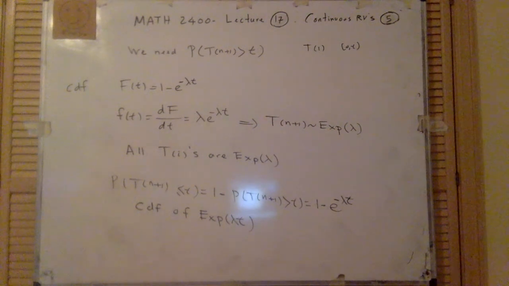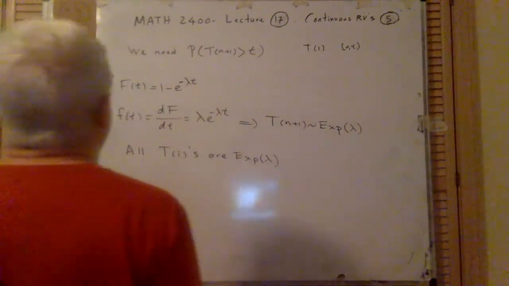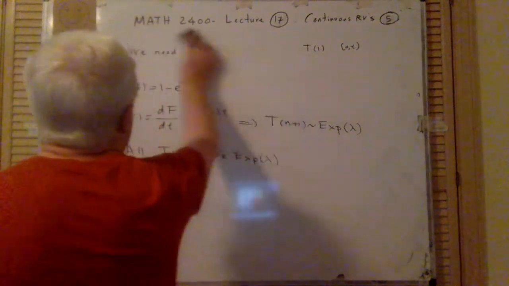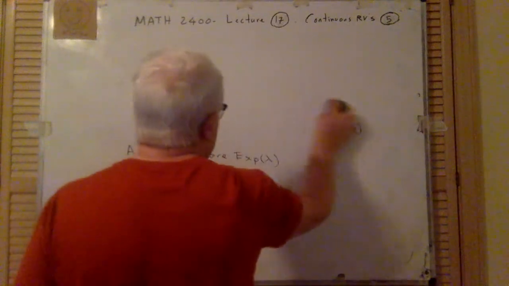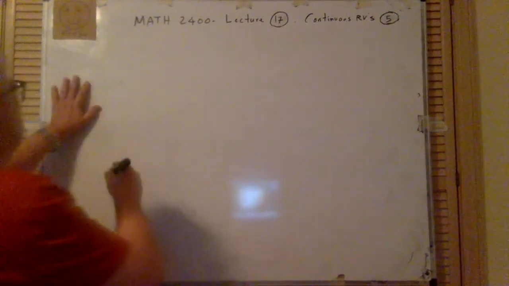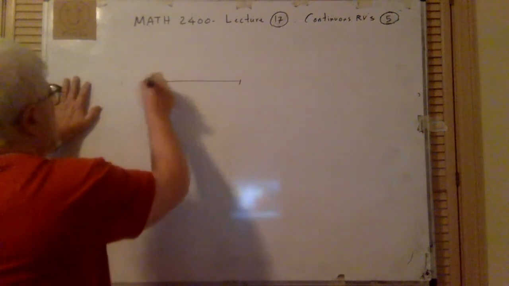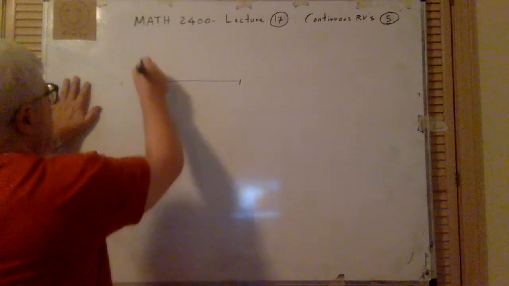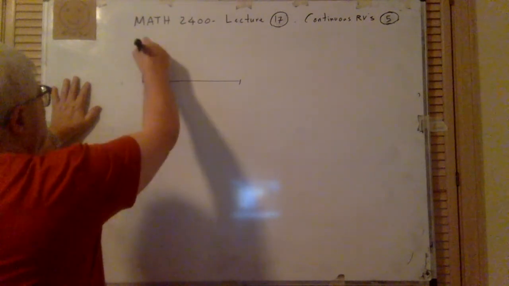So let me draw a picture for you. In fact, that picture makes things more clear for you. So it's like this. If lambda is per hour, for example, and I have 1 hour, say, then from 0 you wait.